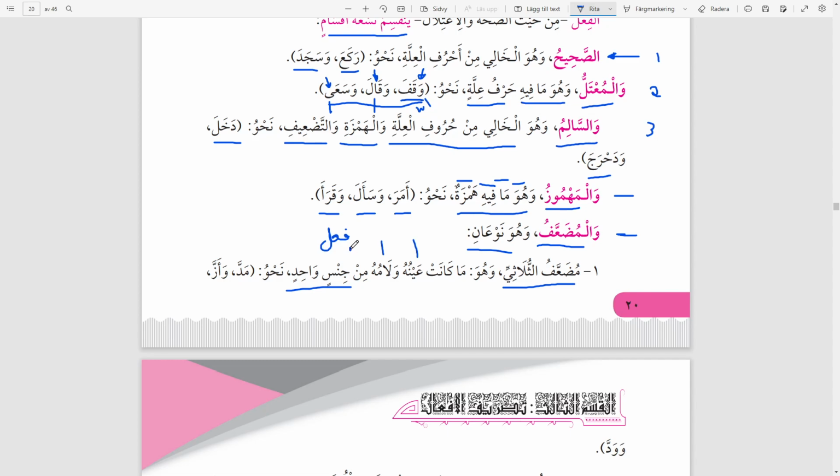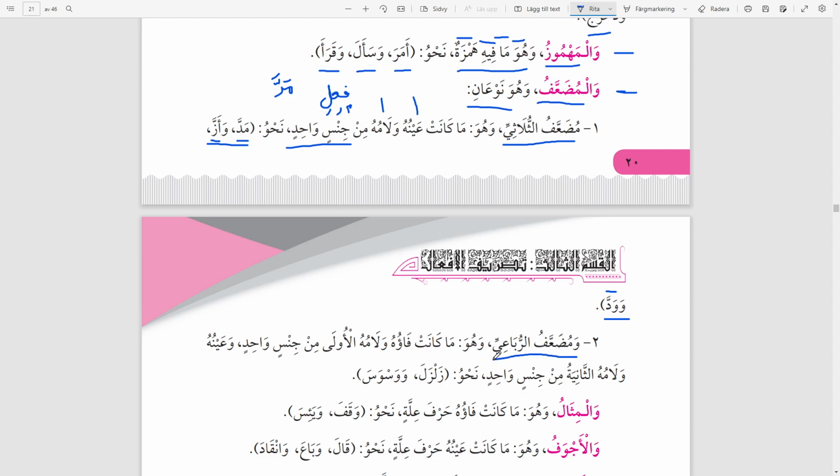So like mim, ra, ra. It becomes marra. He passed, he passed by something. You know, نحو مد وأز وود. مد, he prolonged something. أز, Allah knows best exactly, or at all I should say. وود, he loved something.